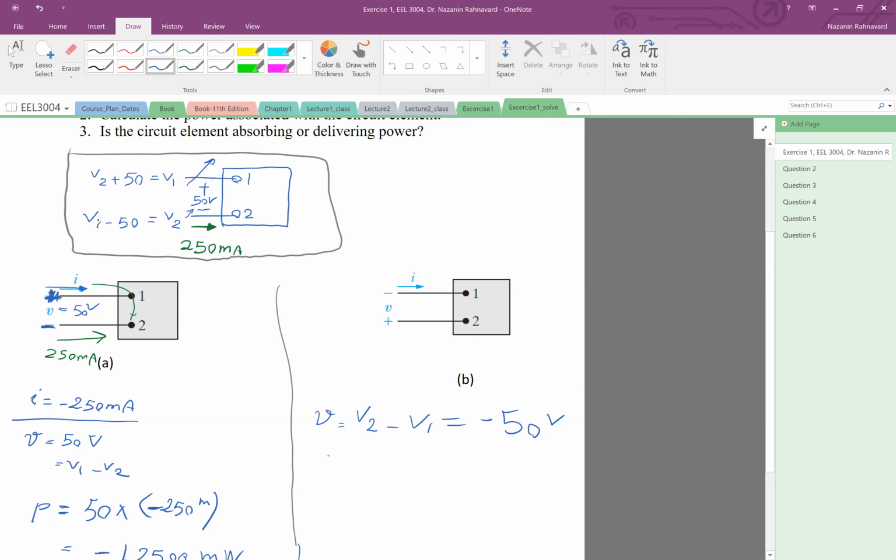How about the I? The I is the same again. If the 250 milliamp goes in that way, then the I, which is in the different direction, is negative 250 milliamp.